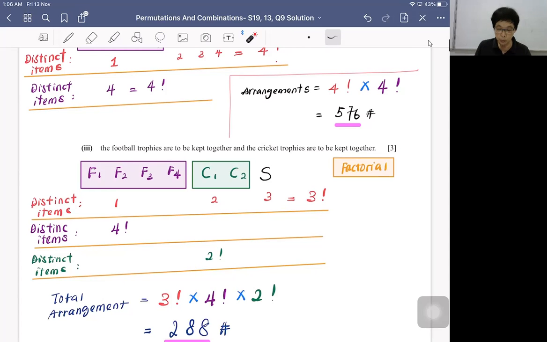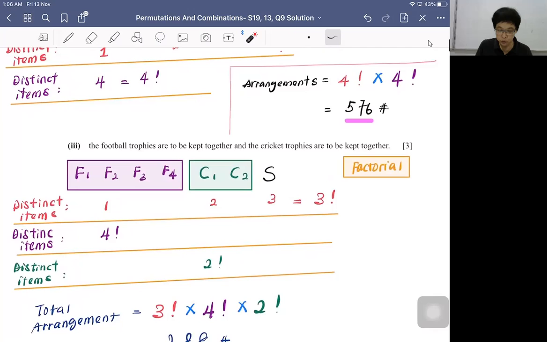As I display in the drawing here, all the football trophies have to be bundled together, and with the added condition, the 2 cricket trophies also cannot be separated.